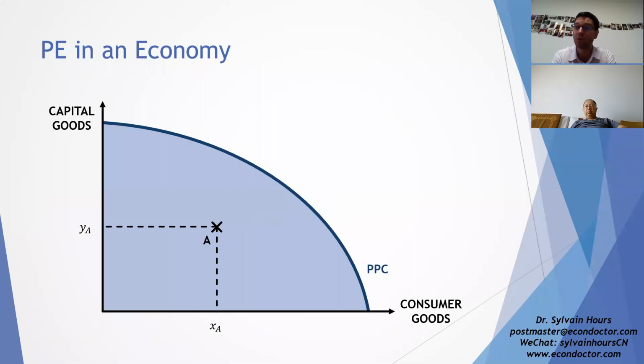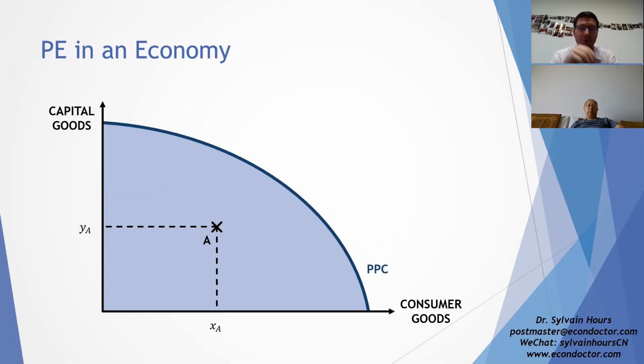You can start from point A, a point that is below the PPC, and ask your students, is this possible when we start from point A? Can we produce more consumer goods? And usually your students say, yeah, of course, we can produce more consumer goods. And then you can ask them, okay, but do we have to reduce the production of capital goods to produce more consumer goods?